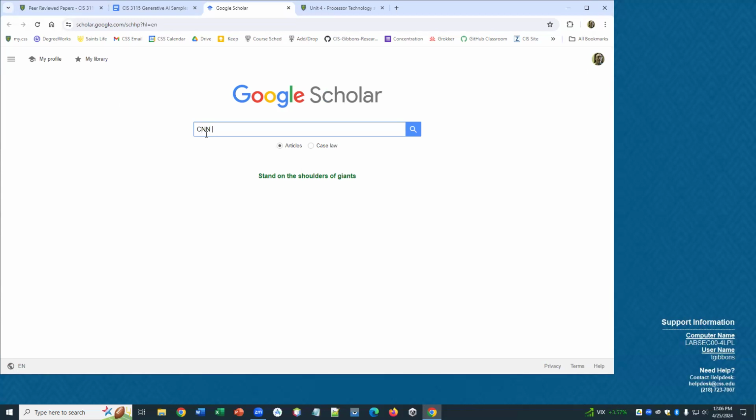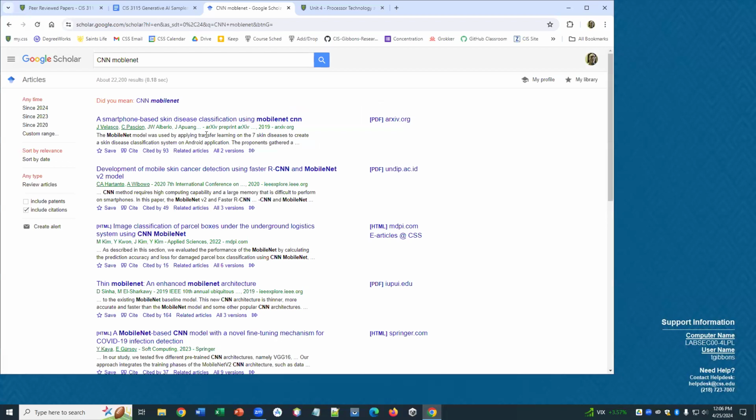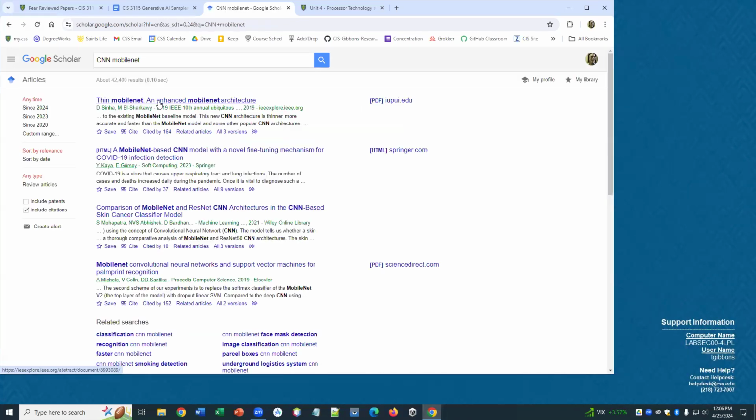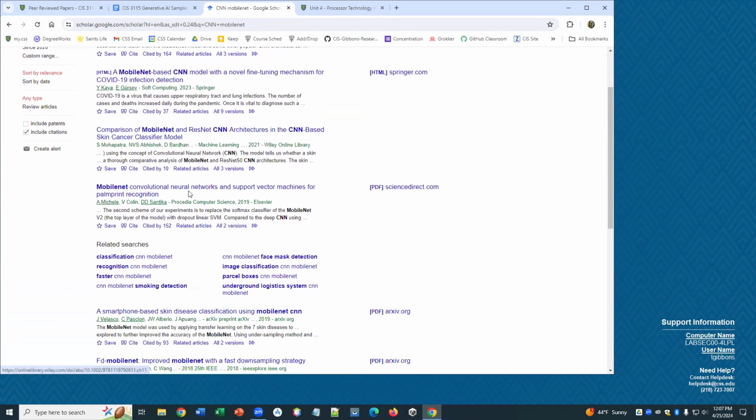So you could search CNN for convolutional neural network and then MobileNet, and find some articles where people are using this. Here's someone using MobileNet to detect COVID-19 infections. Here's a comparison of MobileNet and ResNet.